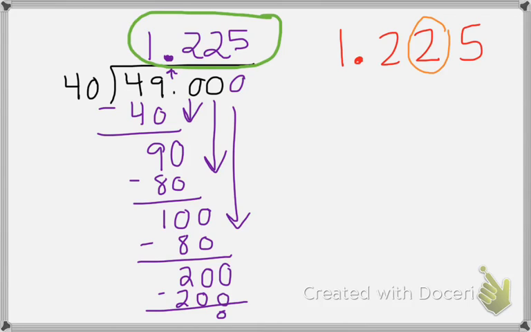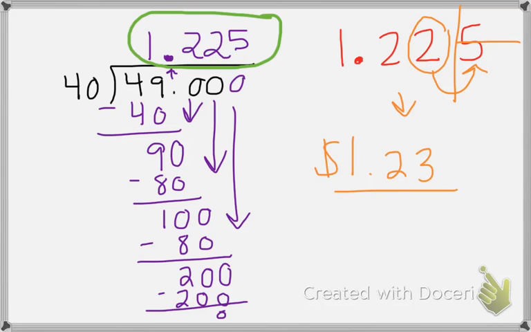We're going to circle it. We're going to look at its neighbor. 5 or higher, you up the score. 4 or less, you let it rest. So it's 5 or higher. So we're going to change that 2 to a 3. Okay, and then we're going to chop and drop. So our answer here, we got $1.23. Okay, so for the 40-pound bag, okay, per pound, it's $1.23. So for 1 pound, right, it's $1.23 for the 40-pound bag.